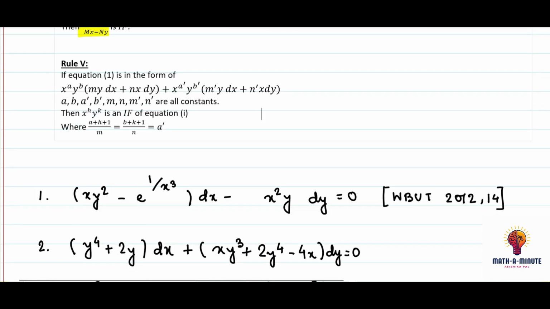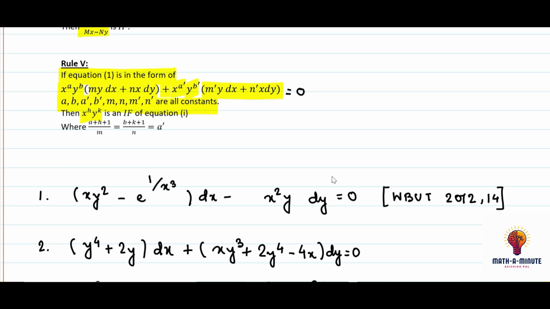And the last rule says that if differential equation 1 can be written in the form x to the power a, y to the power b (m y dx plus n x dy) plus x to the power a dash, y to the power b dash (m dash y dx plus n dash x dy) equals 0, where a, b, a dash, b dash, m, n, m dash, n dash are all constants, then x to the power h into y to the power k is an integrating factor of this equation.